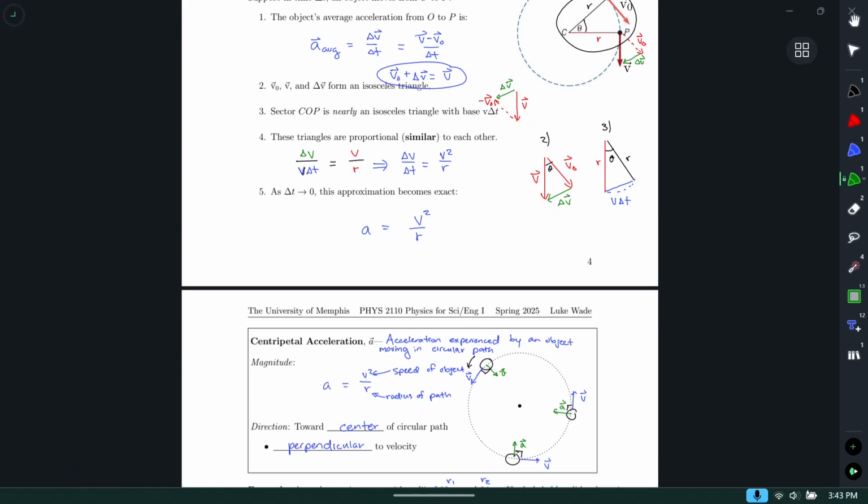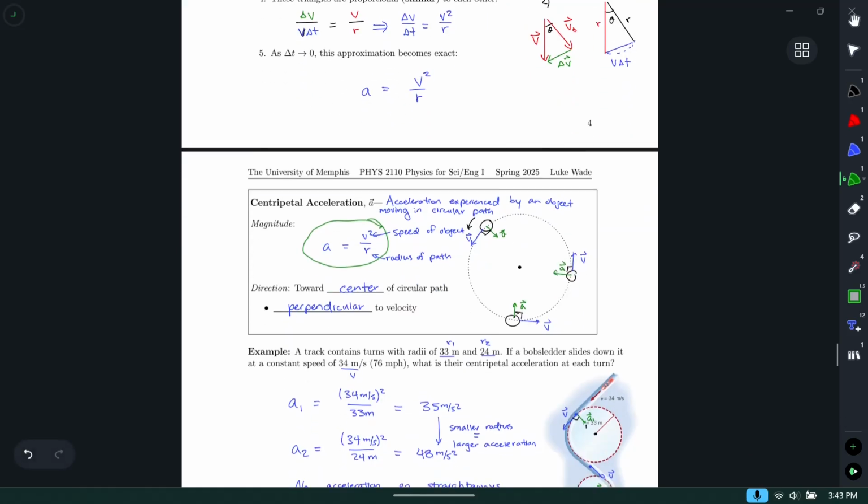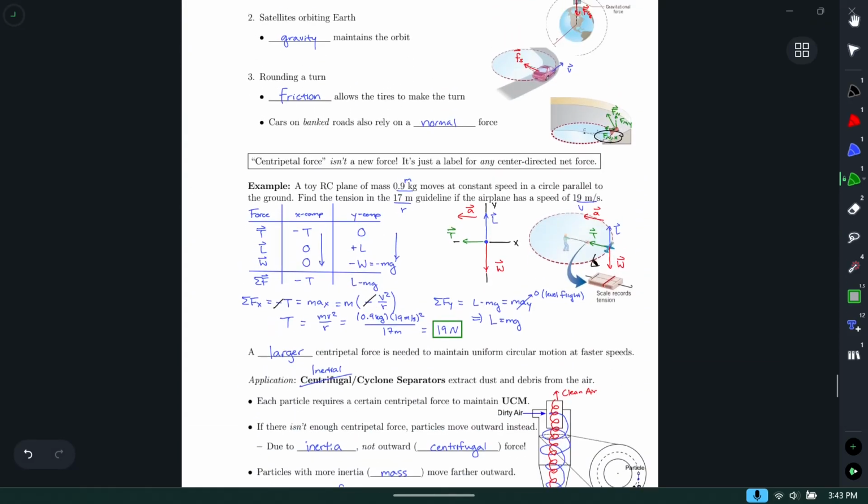Calculation-wise, all that gets added into the mix in this chapter is that sometimes for your acceleration, you will have to say it's equal to v squared over r. That'll let you find some additional information that's specific to circular motion. An example of that would be right down here. It's the same exact process as for any other problem.